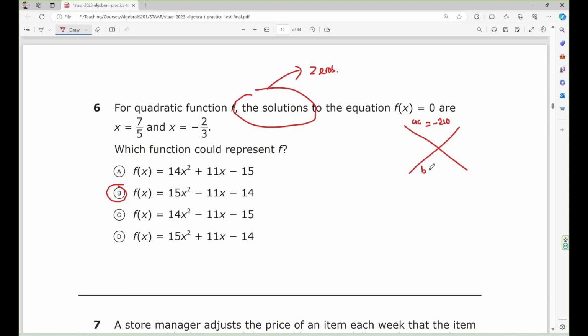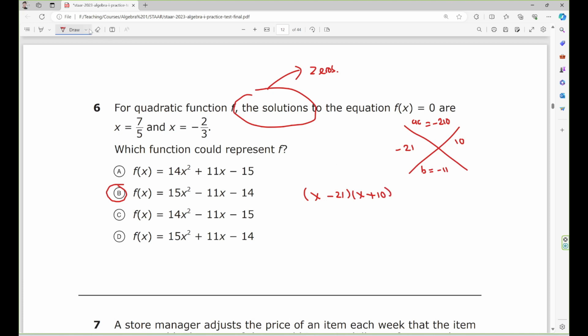B, negative 11. Alright, so you need to find two integers that multiply equal negative 210 and add up to negative 11. It should be negative 21 and 10. When you factor, it's going to be s minus 21 times s plus 10.